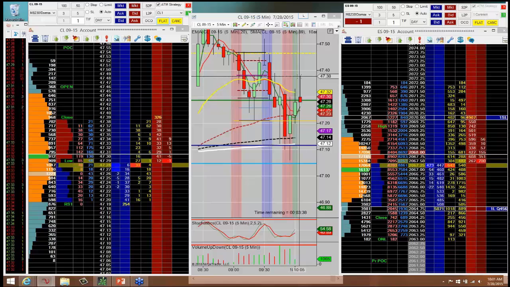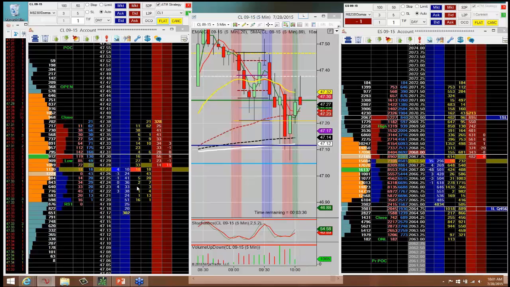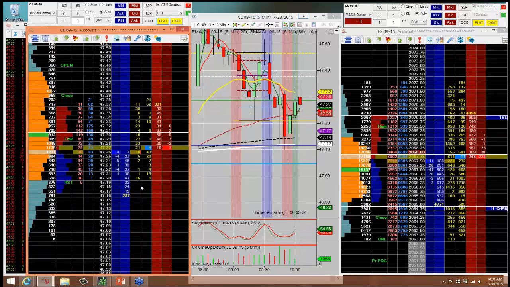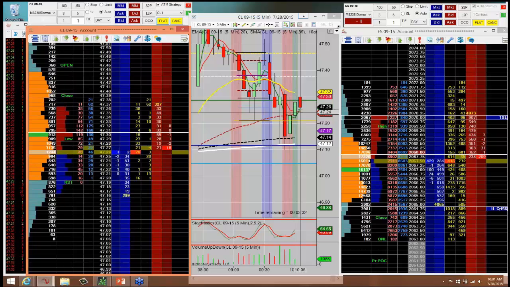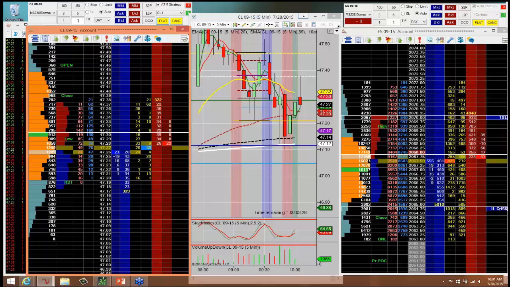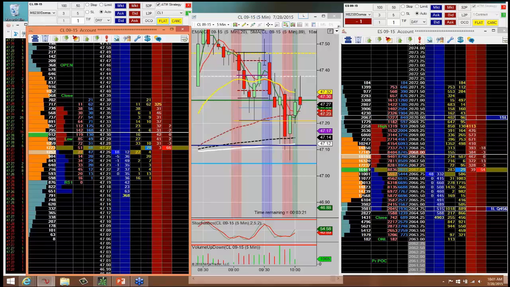CL tested the close. Reversal bar forming. I want the ES to get below 67. I'm not going to feel comfortable until it does.